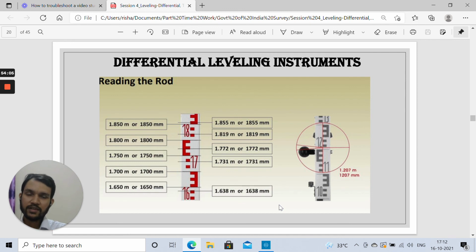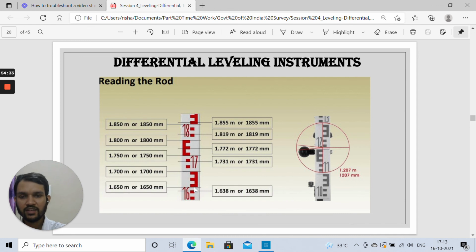Here you can see how we can read the leveling staff. Initially, as I told you, if 118 is written here, it means 1.8 is exactly below this. You don't need to look at here. This will be 1.85, this will be 1.80, exactly below that. 1.7 is here, so this reading you will see will be 1.700 meter, or you can say 1700 mm.